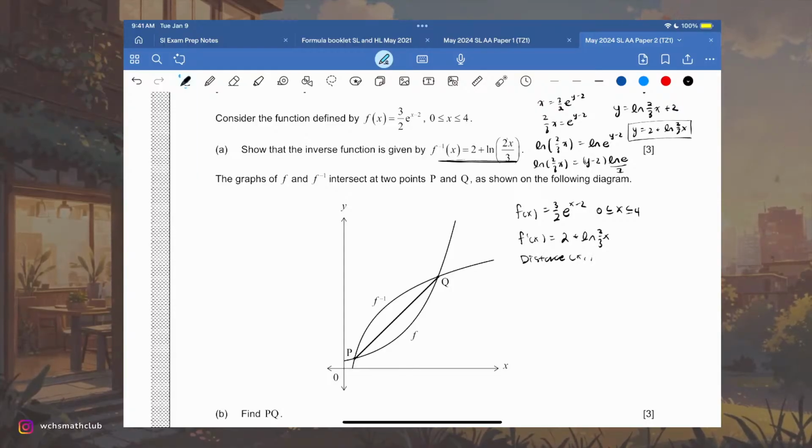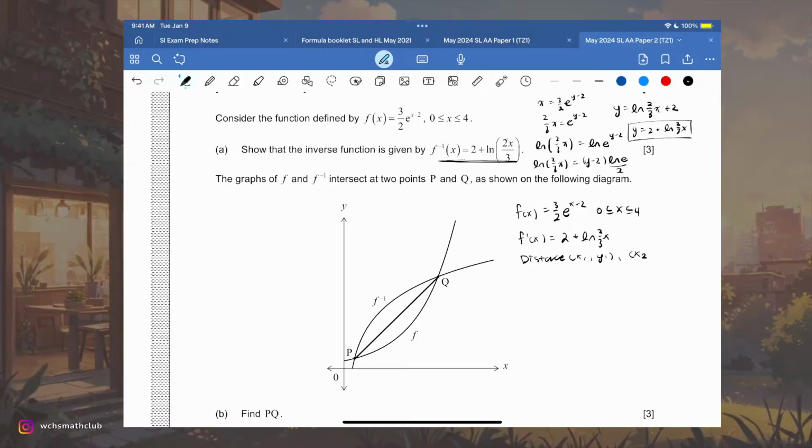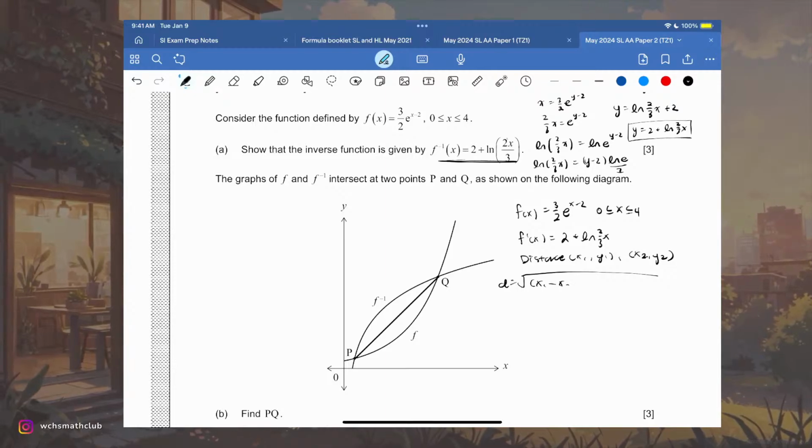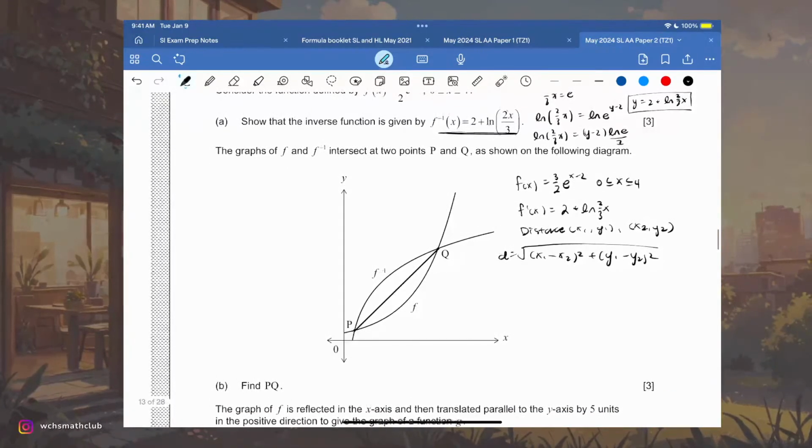The distance between 2 points (x1, y1) and (x2, y2) is given by the formula the square root of (x1 - x2)² + (y1 - y2)², as you should know for the distance formula.